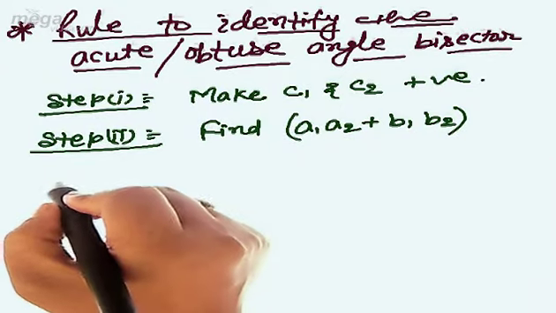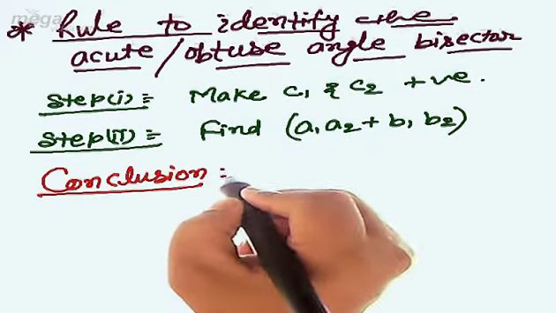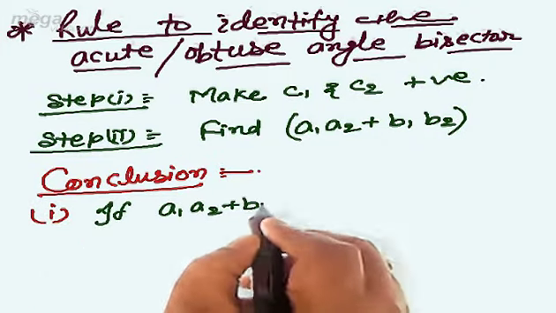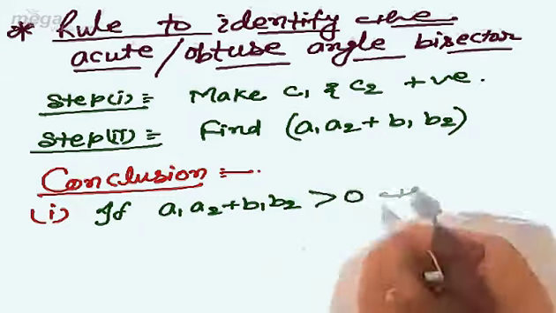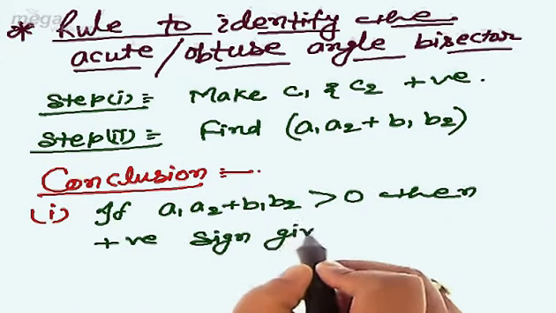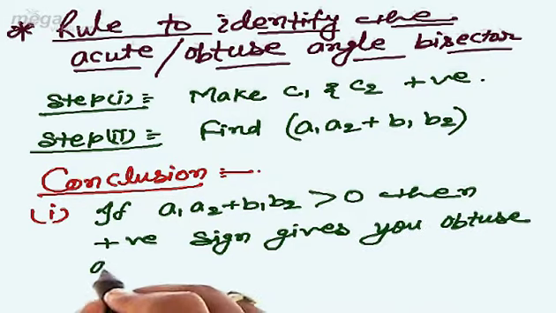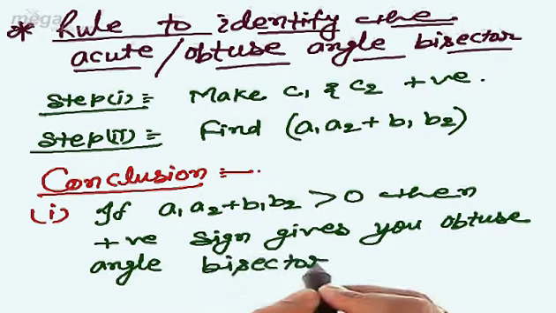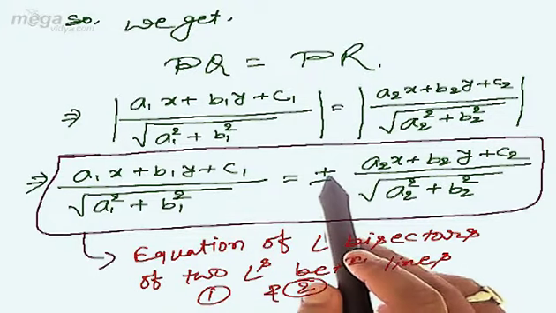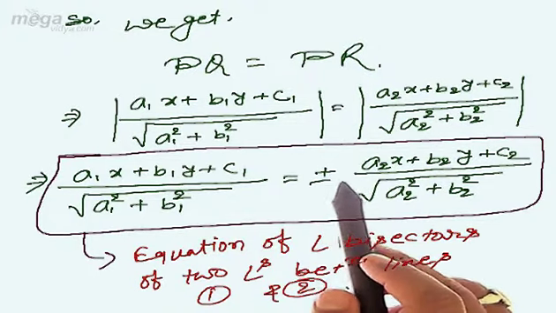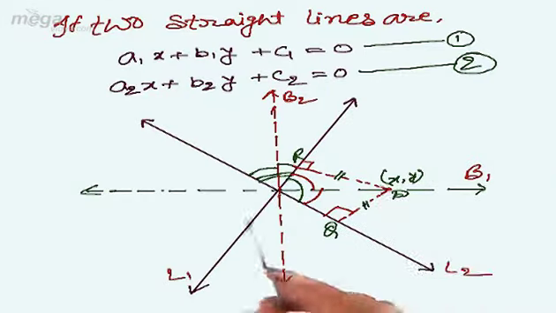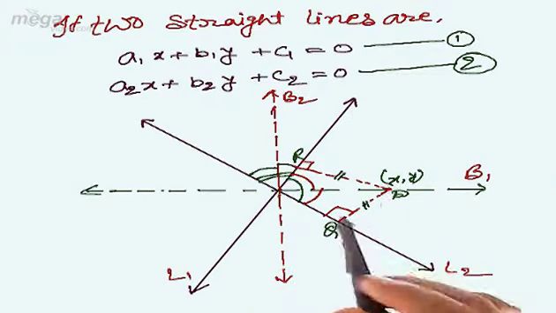And then the conclusion: if A1A2 + B1B2 is greater than 0, then the positive sign gives you the obtuse angle bisector. This positive sign will give you the equation of the bisector of the obtuse angle between the two lines, that is this one, by using this figure.